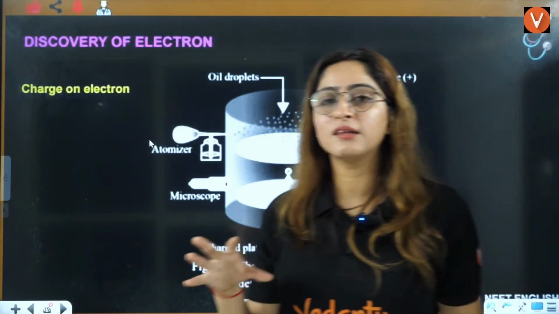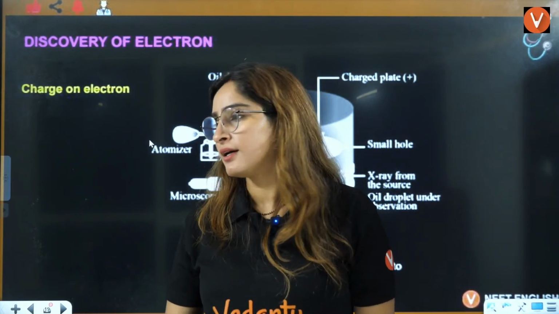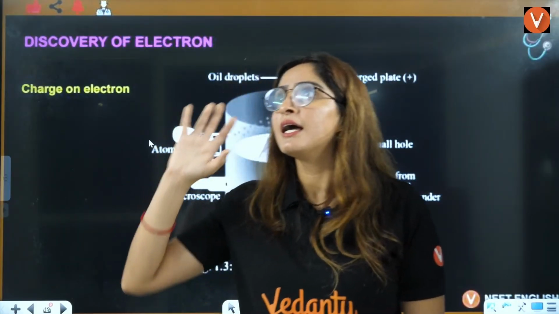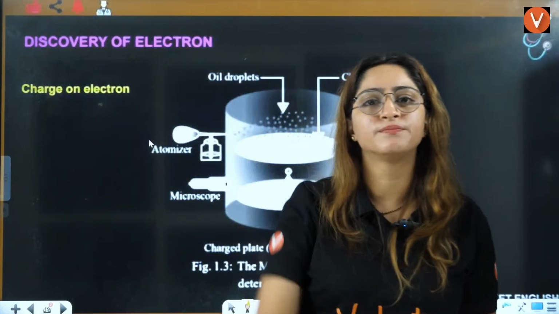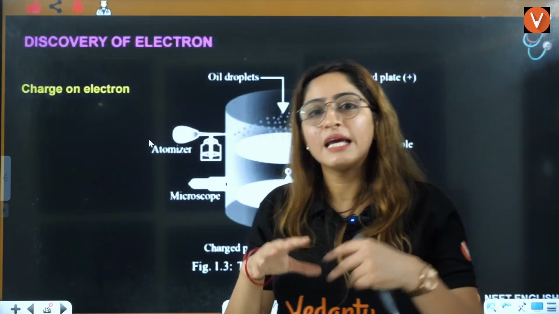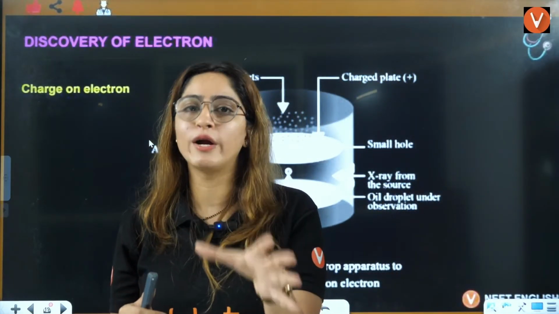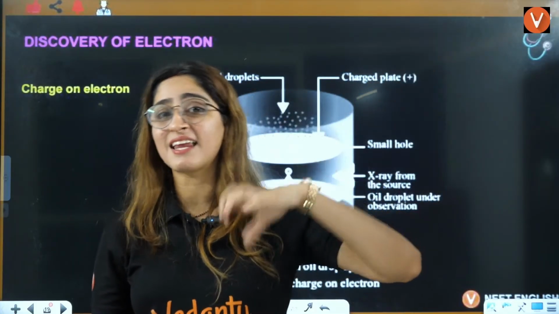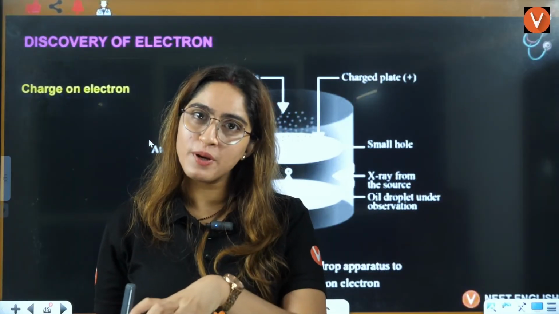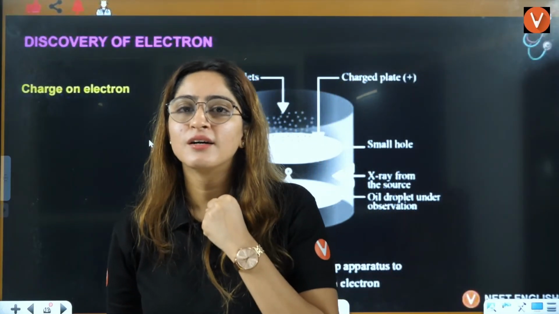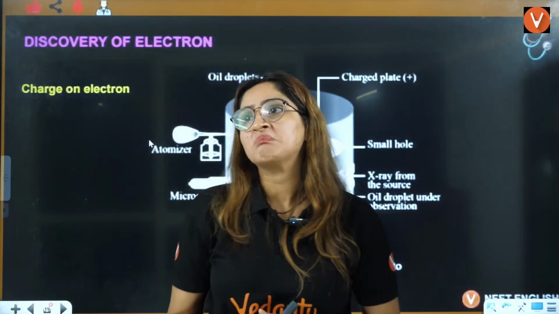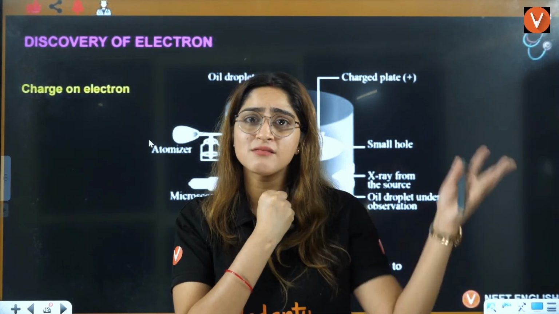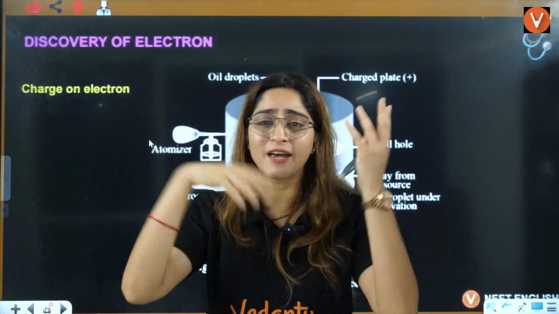It's like in a match: your favorite cricketer, be it Virat Kohli or MS Dhoni, whoever, is catching the ball. In the same way, here our cricketer is the oil drop. The oil drop is going to catch the X-rays here. Based on its capability, an oil drop can catch one X-ray, 2, 3, 4, 5, 6, whatever.